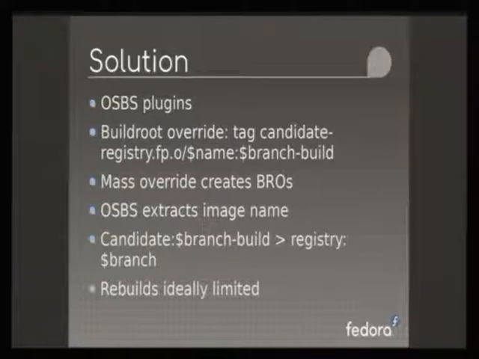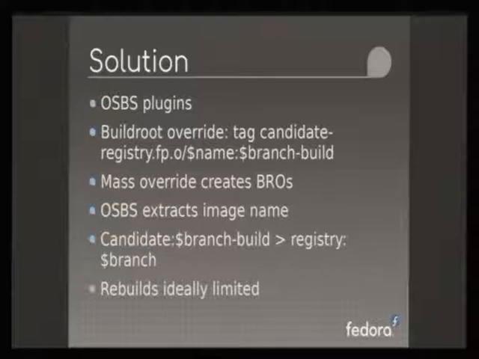We would then be updating the plugin in OSBS, which determines what the base layer of the current build is, and override it. It first determines, is there a build root override for the current from line? So for that, we look in the candidate registry, is there a container tagged as branch-build?